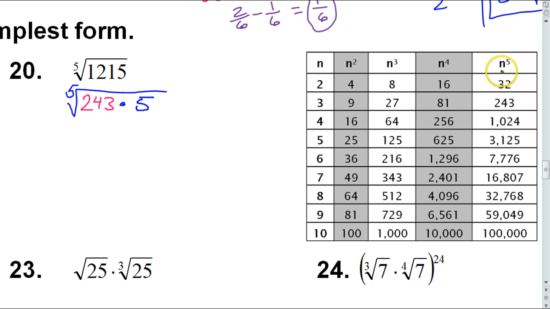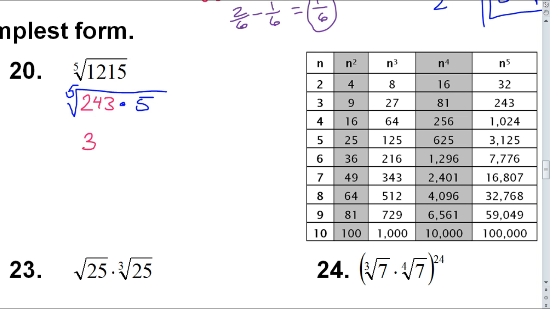Now 243 is on the list, so that can be simplified, so I put it in pink. Now the fifth root of 243 is 3. So I can replace this with a 3 outside the radical.